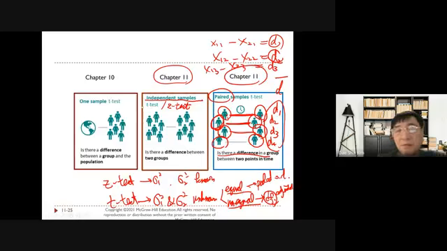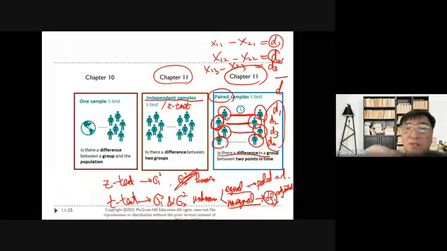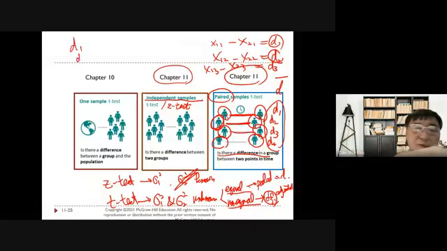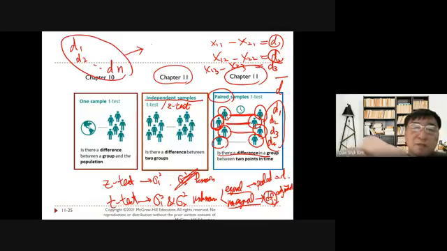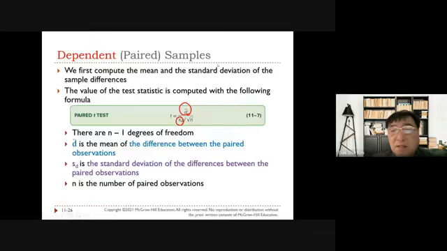For this one, we will calculate d1, d2 up to dn. From here, we calculate the average of the difference and the standard deviation of the difference, SD. Then D bar divided by SD over the square root of n gives the t value. This is the paired t statistic. It will be compared to the critical t value.